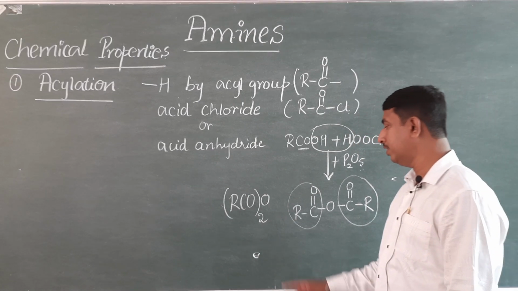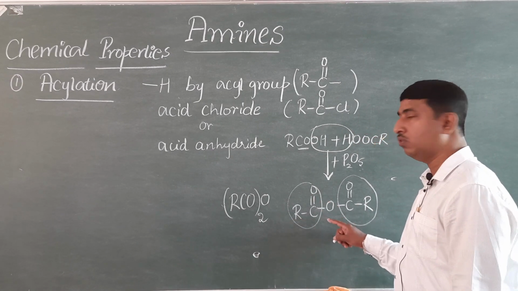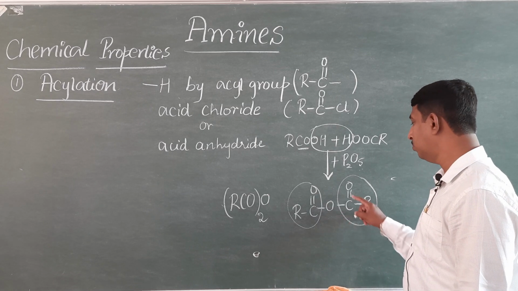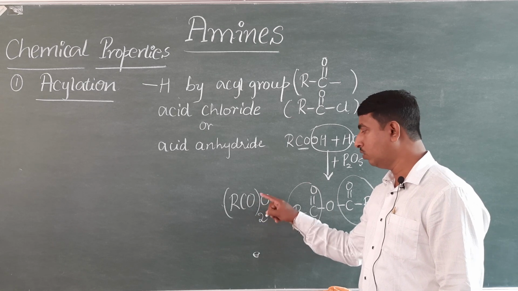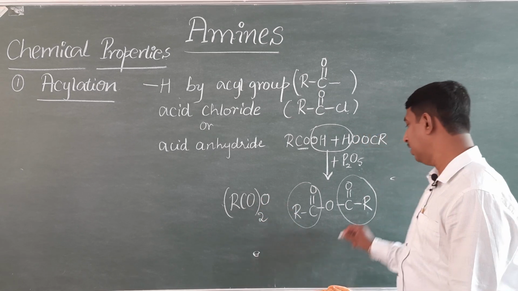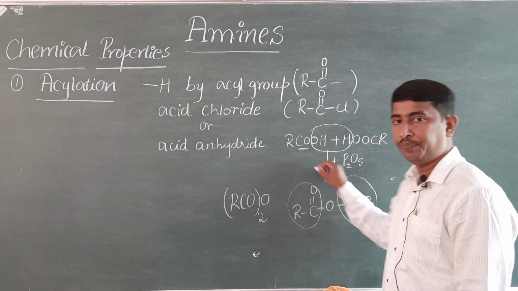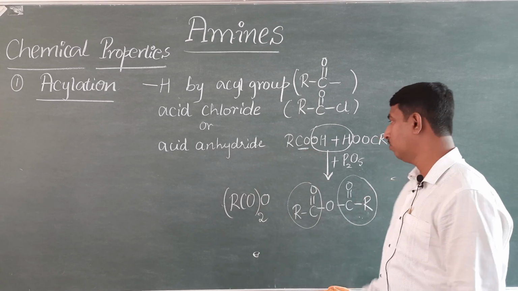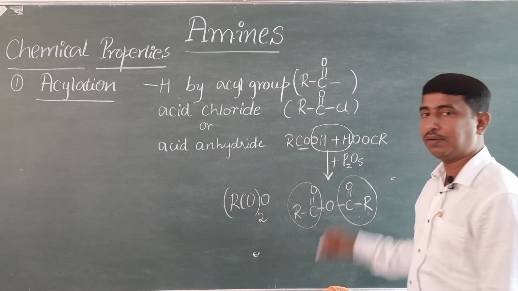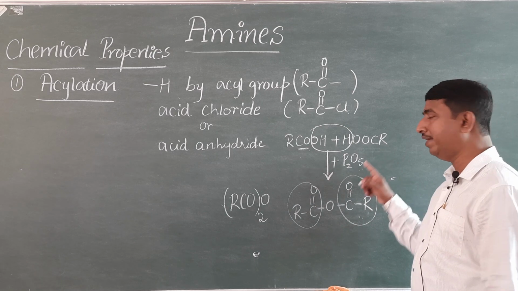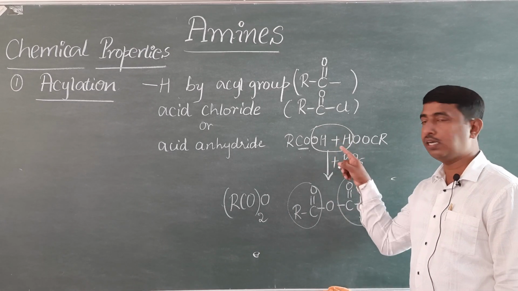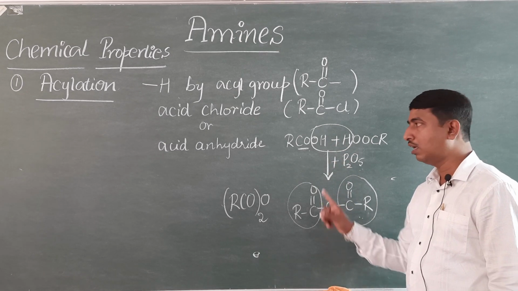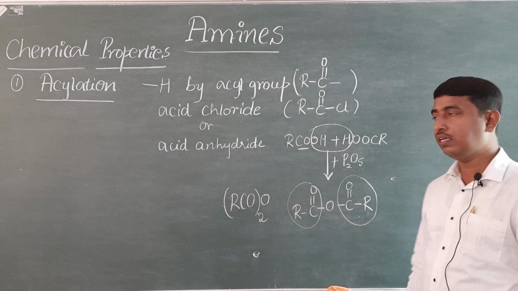The formula of acid anhydride is R C double bond O C double bond O R, and this compound is obtained from carboxylic acid. When 2 molecules of carboxylic acid are heated in the presence of a dehydrating agent, removal of water takes place, forming acid anhydride.